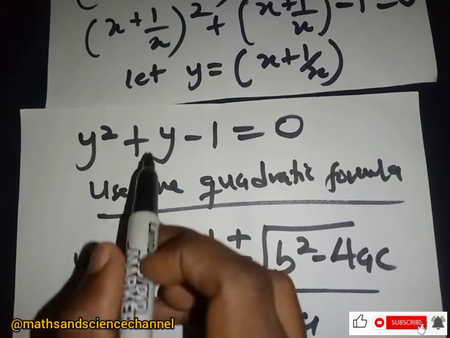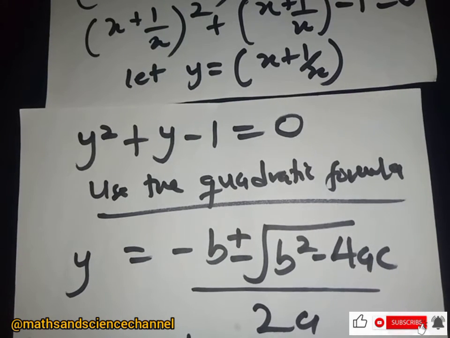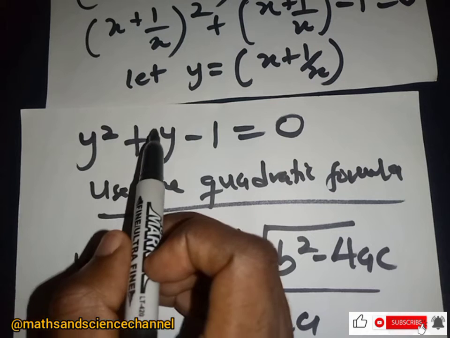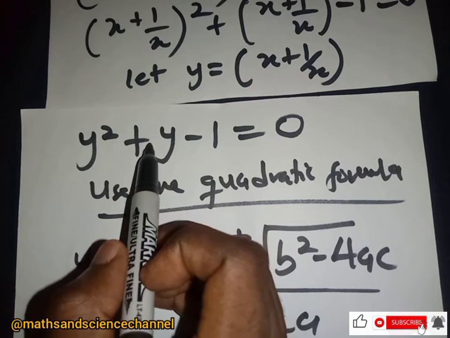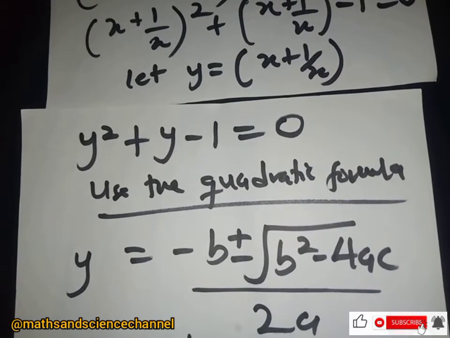If you look at the equation over here, our a is 1, our b is 1, and c is negative 1. The coefficient of y squared is 1, the coefficient of y is 1, and c is negative 1.